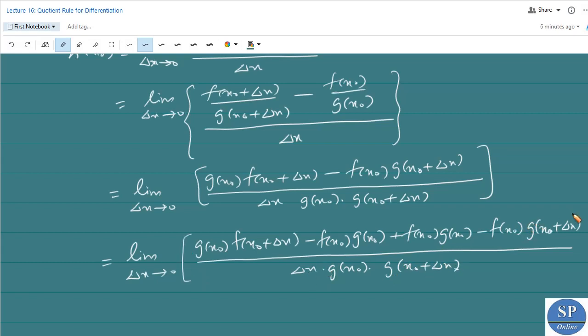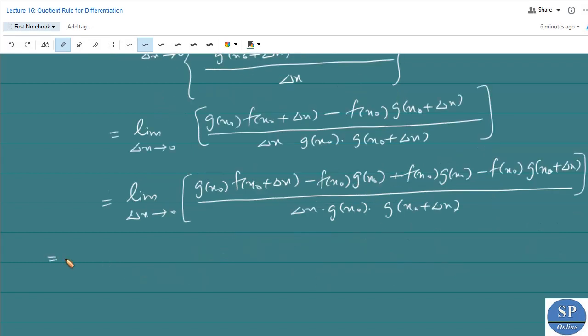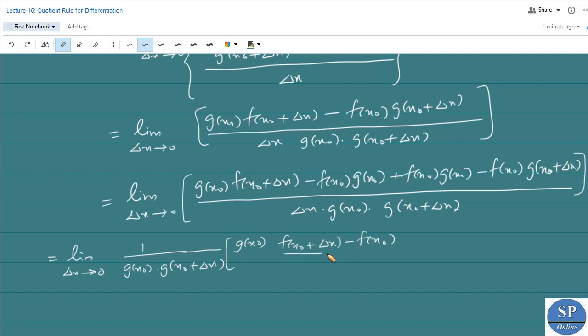Now this is equal to limit delta x approaches 0 of 1 by g of x naught into g of x naught plus delta x, into, from these two we can take g of x naught outside, so g of x naught into f of x naught plus delta x minus f of x naught divided by delta x is here.